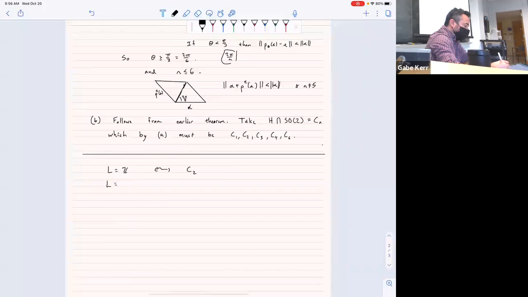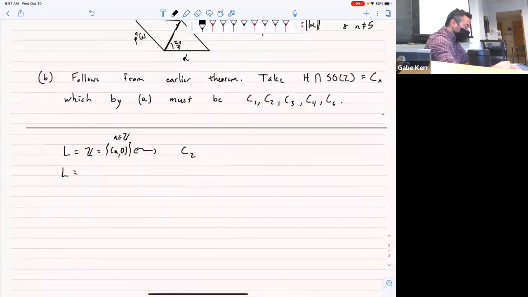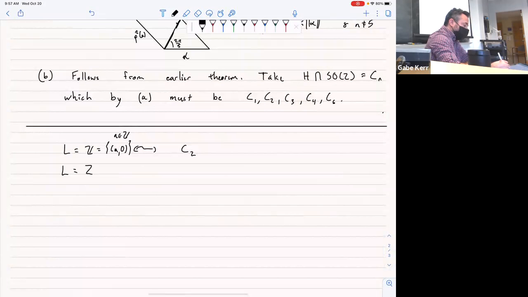If we have L equaling integers a, 0, say, where a is an integer, this is called Z squared, which is what you think it is, it's coordinates with both integer coefficients. And then we saw that we get this C4. Well, really dihedral.